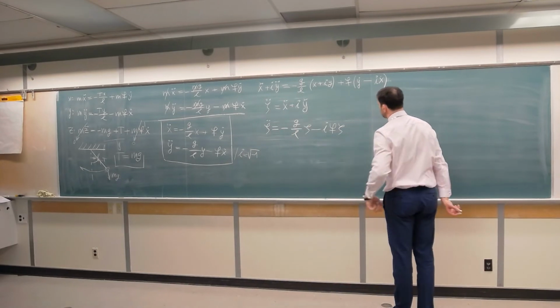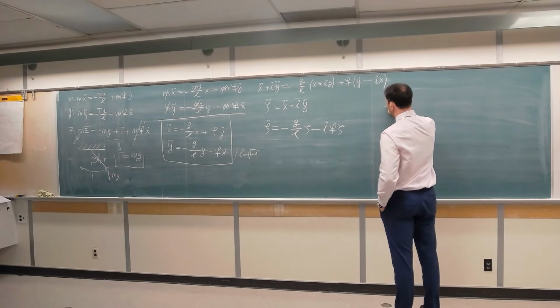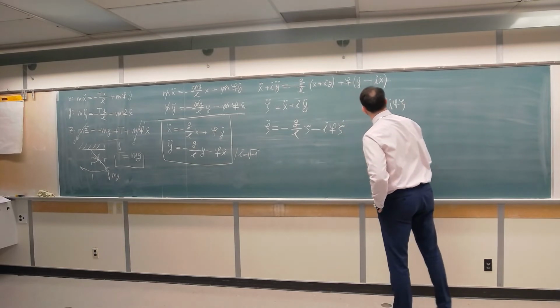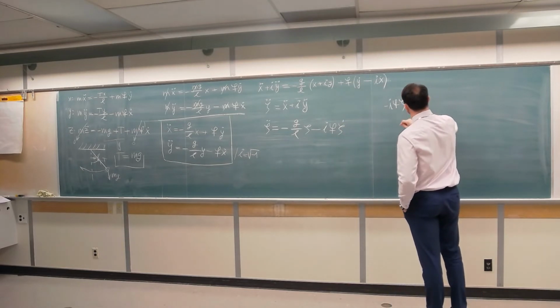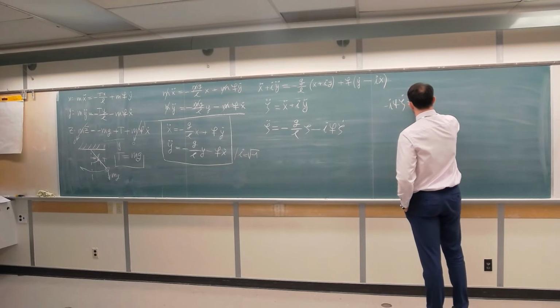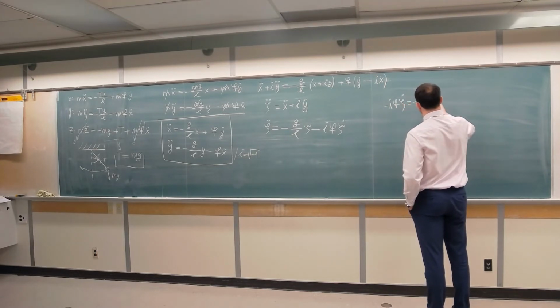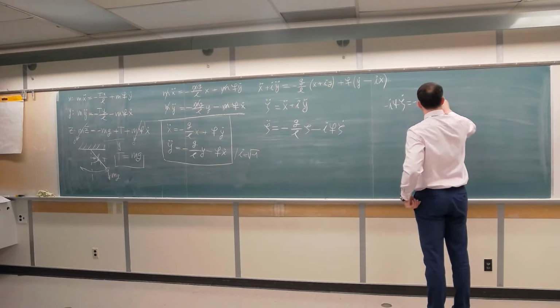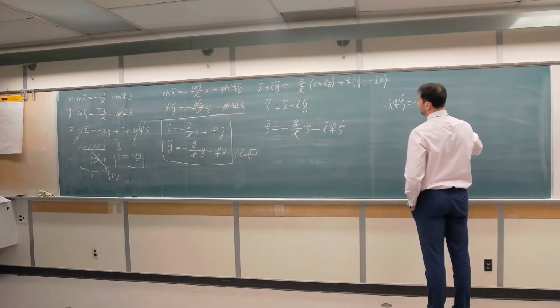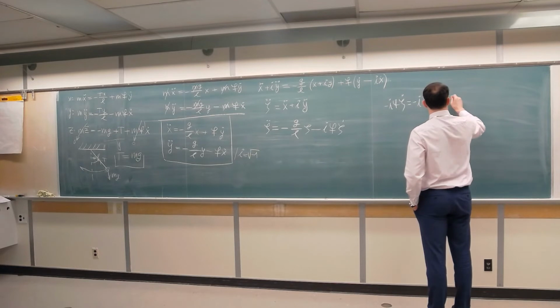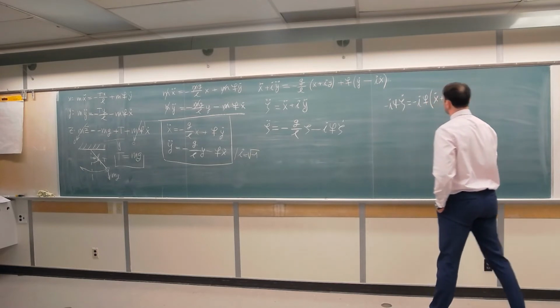Let's see what this term is. Negative i f zeta dot would be negative i f times x dot plus i y dot. You agree with me?